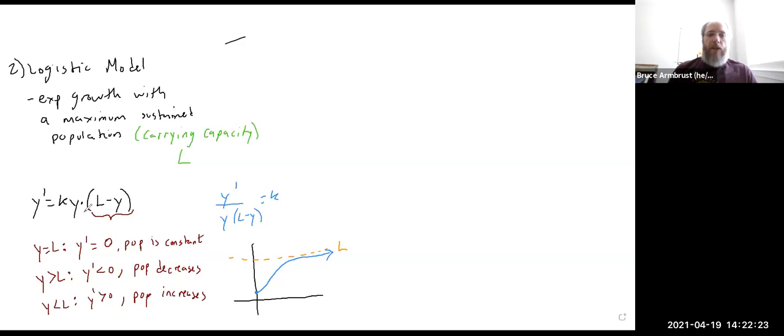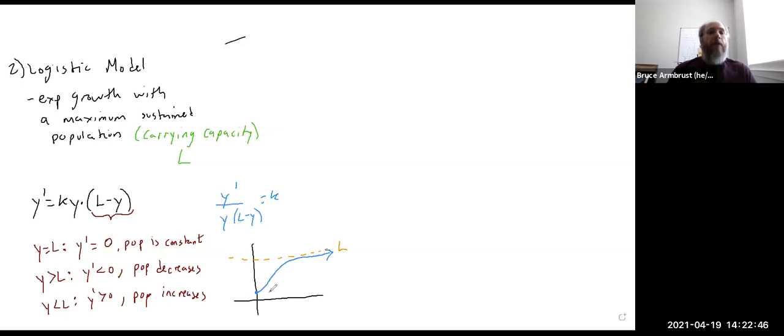And you can see that the closer we get to L, the smaller this is. And we can use smaller in both cases here. It's not only smaller, but also closer to 0. So y prime, the growth rate slows down as we get closer to L. Anyway, we'll figure out what the equation of this looks like later.